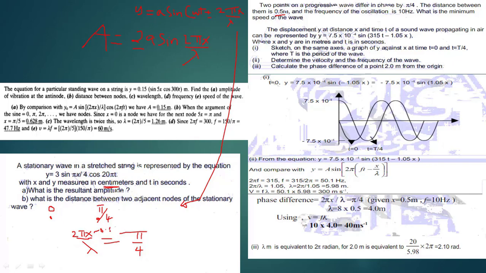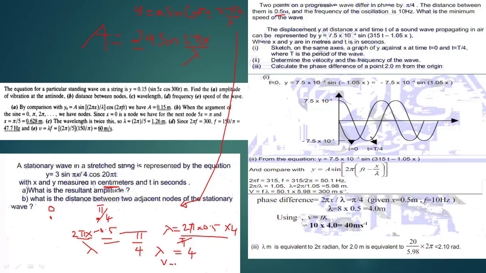So we can find the wavelength, because when we have the wavelength and the frequency, we can find the speed. So from here, the wavelength will be equal to 2π times x, which is 0.5, divided by... if π comes down here, π over π, and times 4 up here, because this 4 goes that side and the wavelength goes this side. So π and π cancel and you remain with your answer, which is 4. 0.5 times 2 is 1, times 4 is 4. So the answer for the wavelength is 4.